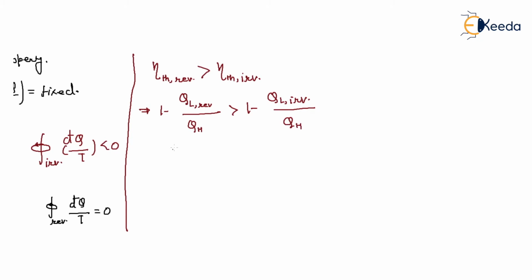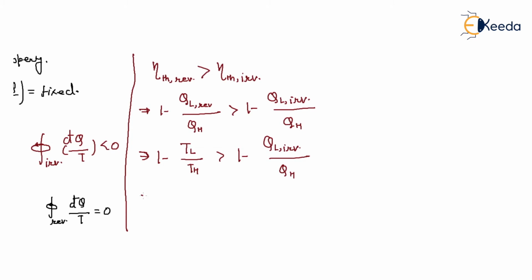So 1 minus TL by TH is greater than 1 minus QL irreversible by QH.